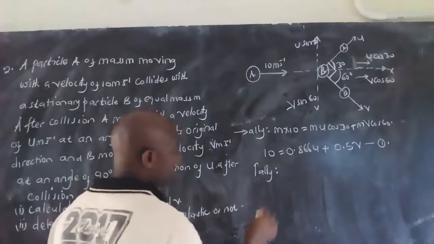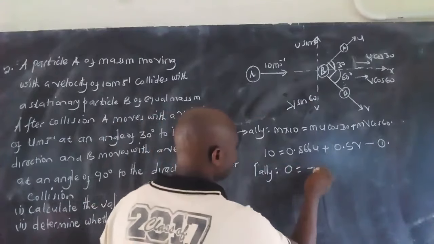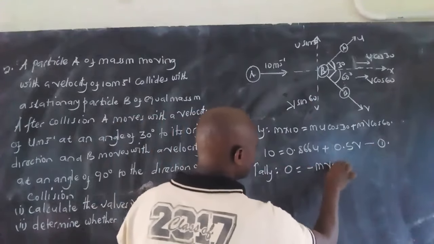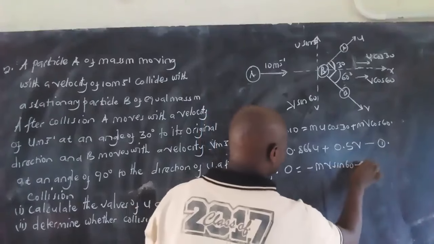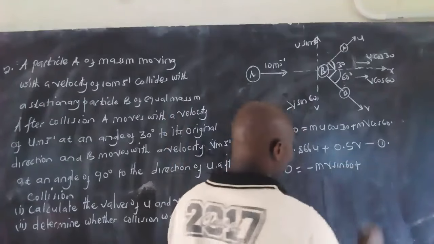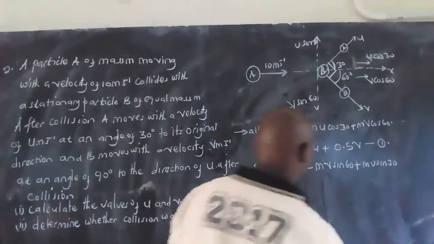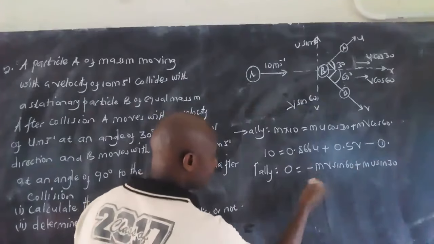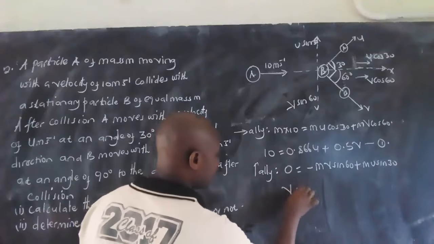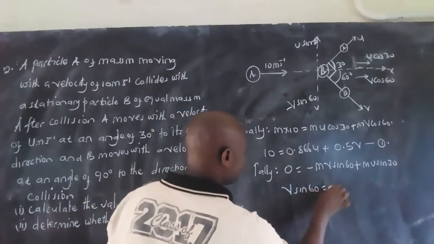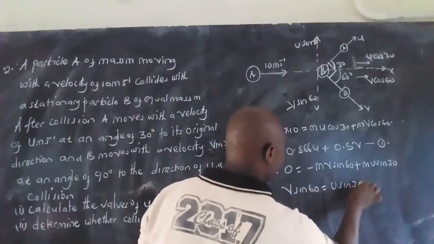Then vertically, we shall have 0 equals negative m v sine of 60 plus the other one, m u sine of 30. So here m will cancel, so we shall have v sine of 60 is equal to u sine of 30.